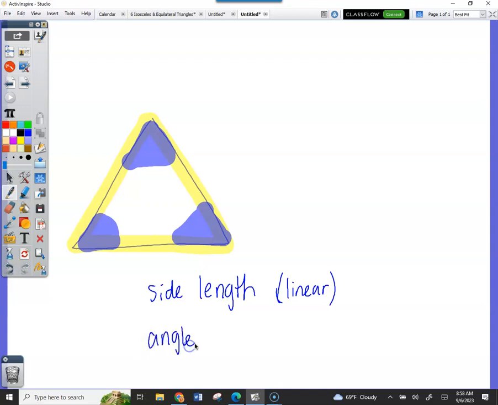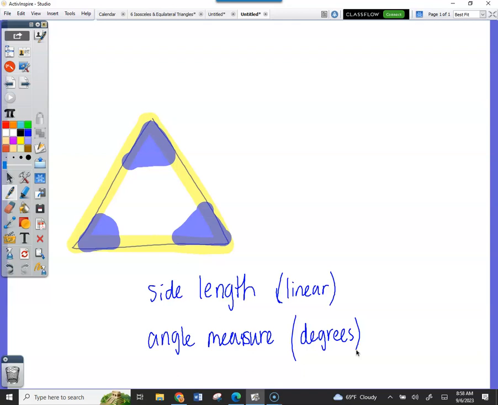Angle measure, spell it right. Anyways, angle measure is always in what? Degrees. Meaning like an alligator's mouth opening up. Wrap your mind around this. There's a big difference.